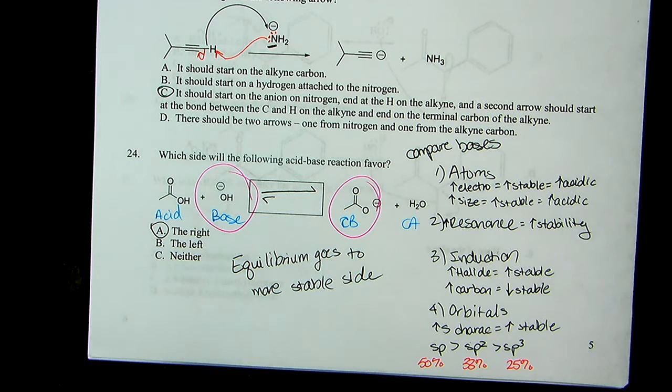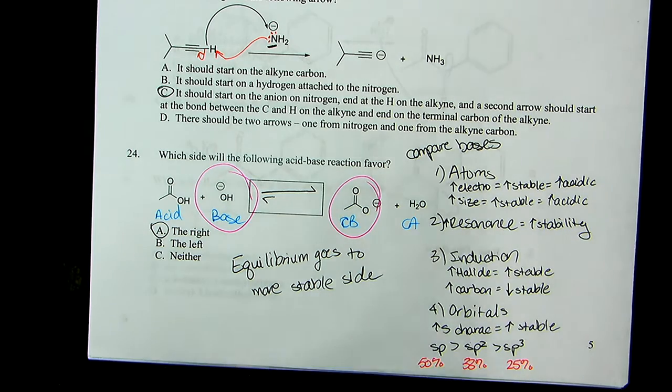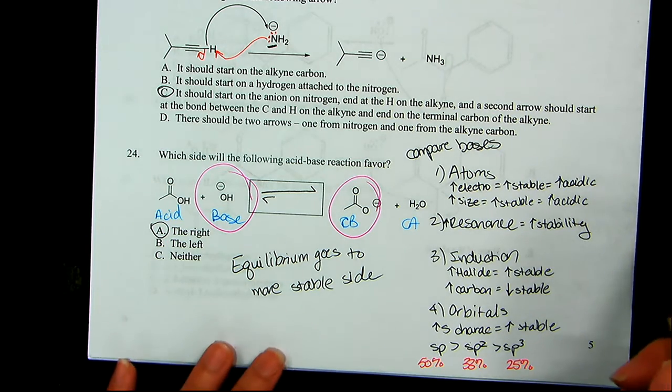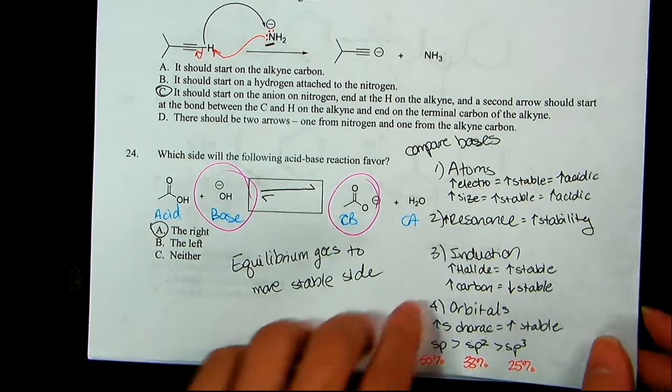Again, I use stability because it makes more sense. I know the book uses weak acid and weak base, but this is a weaker acid, so it still goes to the weaker acid side. I just find it hard to really use that sometimes. So I use stability. Okay.